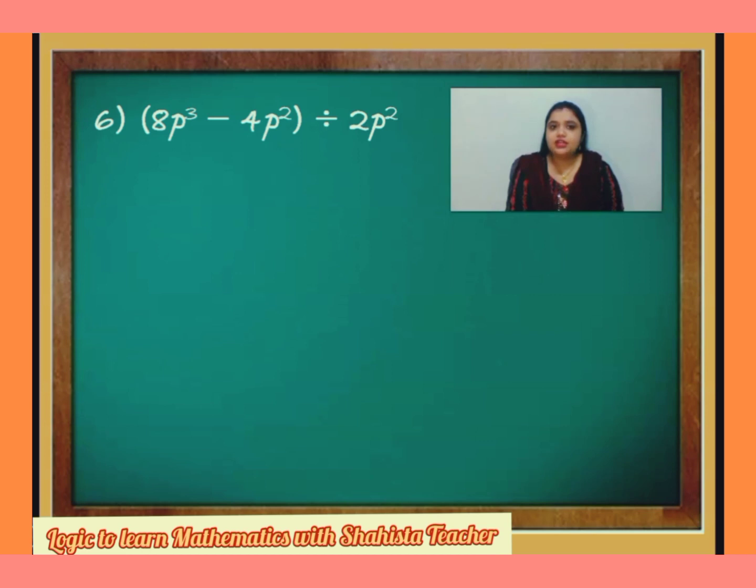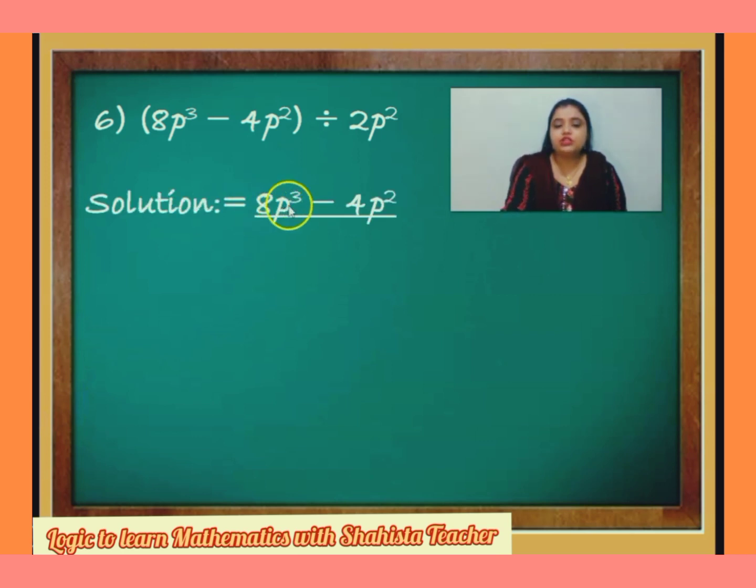So in the solution, 8p cube minus 4p square is the numerator and 2p square is the denominator. We have to divide this numerator by the denominator.